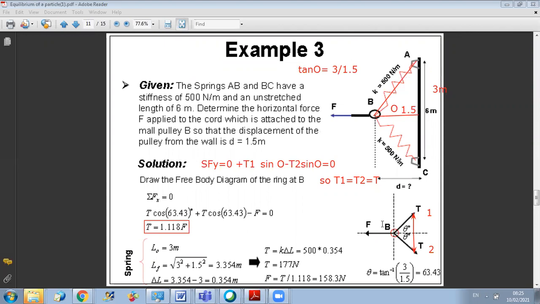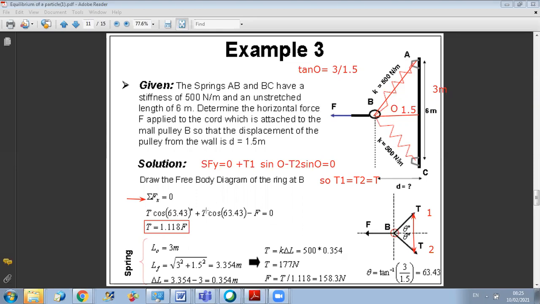Then to find T, all I have to do is project on the x-axis. So I have sum of x equals 0. Since the two tensions are equal and have the same angle, I can write 2T cosine theta minus F equals 0.